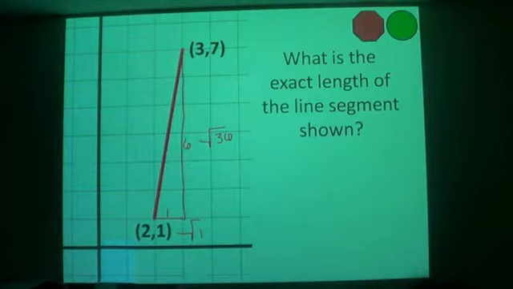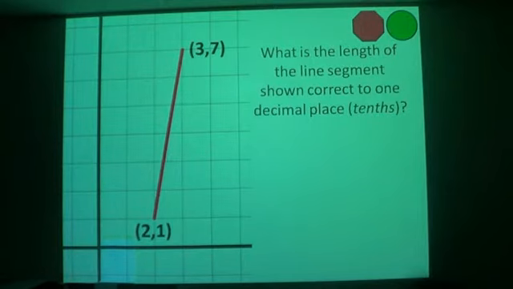But what I can do is I can add the number 1 to the number 36, and then stick that number under a square root sign, and I wind up with a square root of 37. So it turns out that the question was, what's the exact length? And the exact length is the square root of 37. It's not real practical or real useful because we don't have something that will measure the square root of 37, so sometimes you'll have to turn that into a decimal or a fraction.